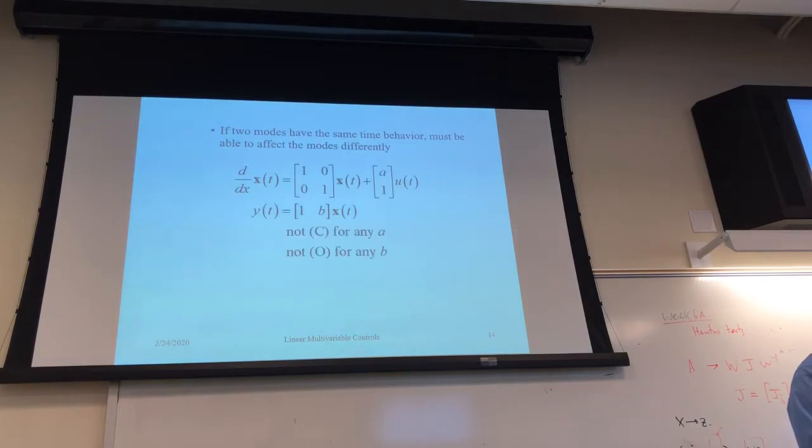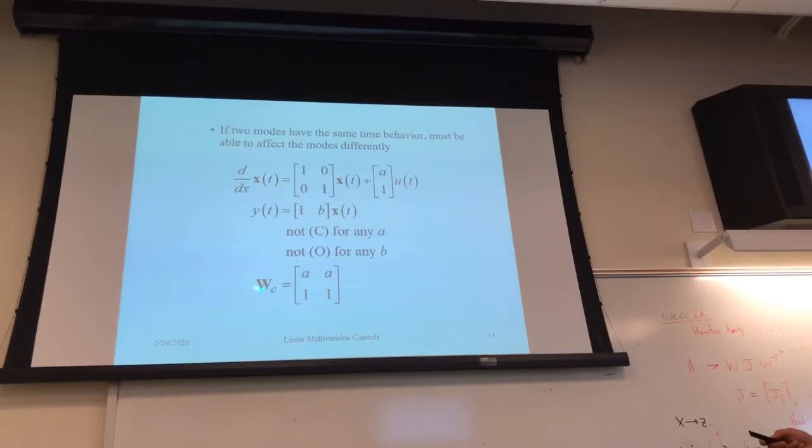So now let's take a look at this one. I don't have a Jordan block. It's just a repeating. So in this case, you have two Jordan blocks, right? This is a Jordan block. This is a Jordan block, and they are the same. In this case, it's not controllable for any of the A, and not observable for any of the B. Why?